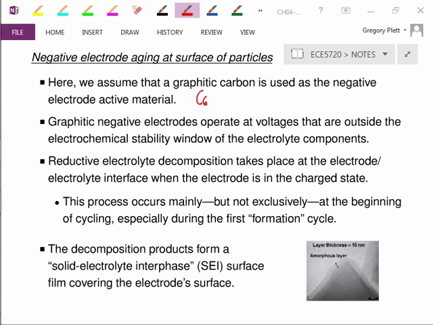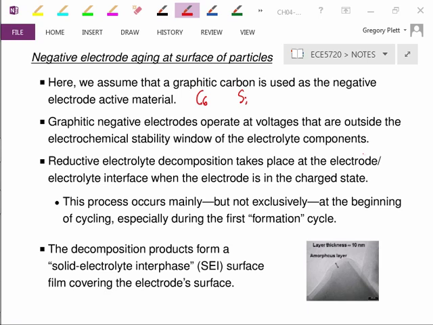One of them that's getting a lot of attention in research is based on silicon. It's in the periodic table in the same column, a different row, so it has some similar properties, but it's actually fairly different. Silicon can store more lithium per silicon atom than carbon can per carbon atom, so that appears to be an advantage of using silicon in a negative electrode.